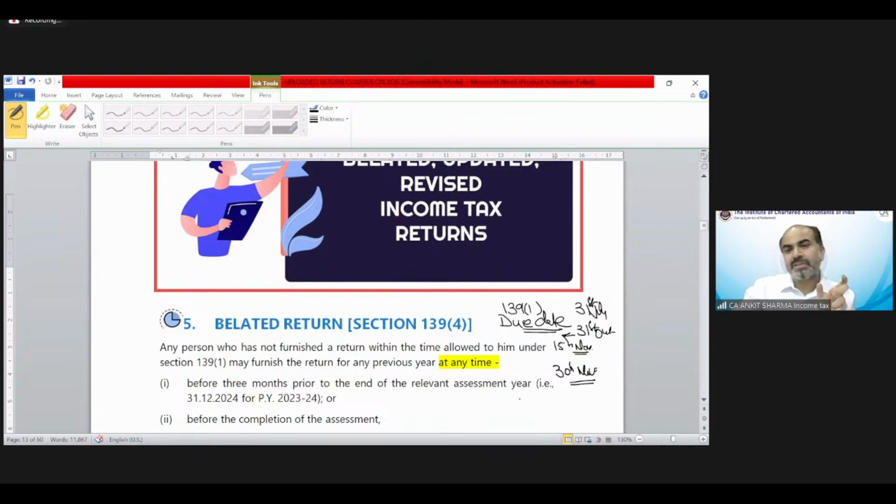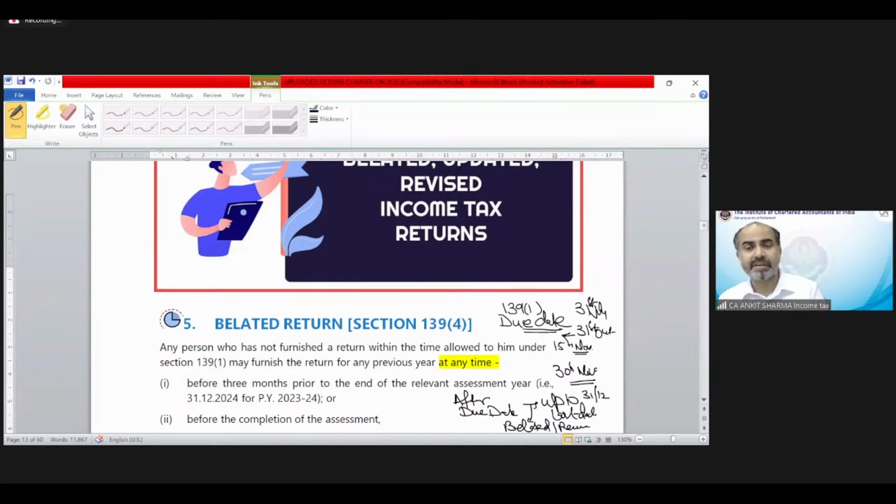But any return which has been filed after the due date, up to the last date of filing of return, that is 31st December, is called a belated return. Any return filed after the due date will be called a belated return, or if that return is filed again, that is revised, it will be called a revised return.